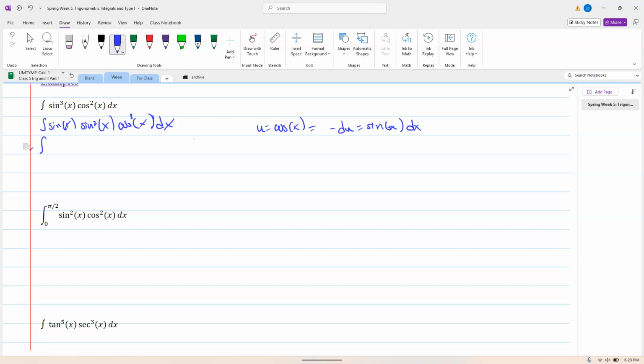Okay, so converting and then substituting, we get sine of x times (1 minus cosine squared of x), and then cosine squared of x. Oops, I'll put a parentheses there, dx. And so then when we integrate, we'd get negative integral. The dx sine x would be du.